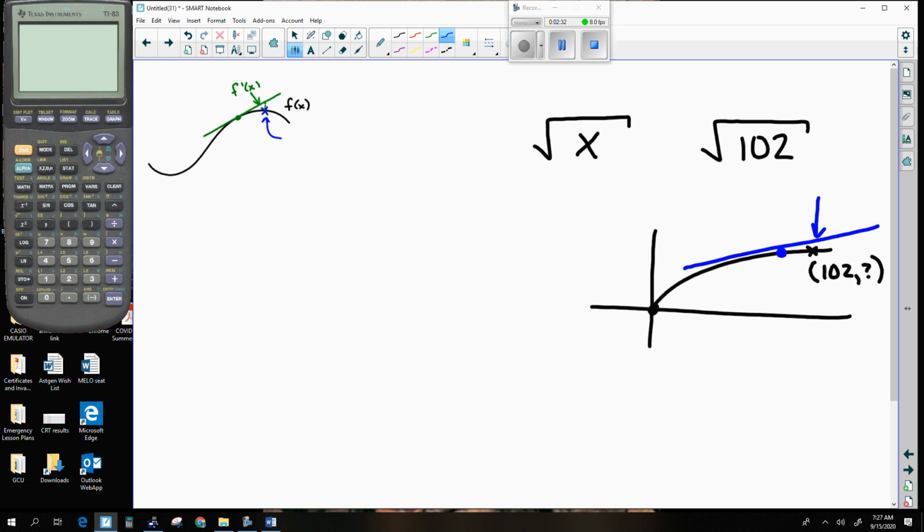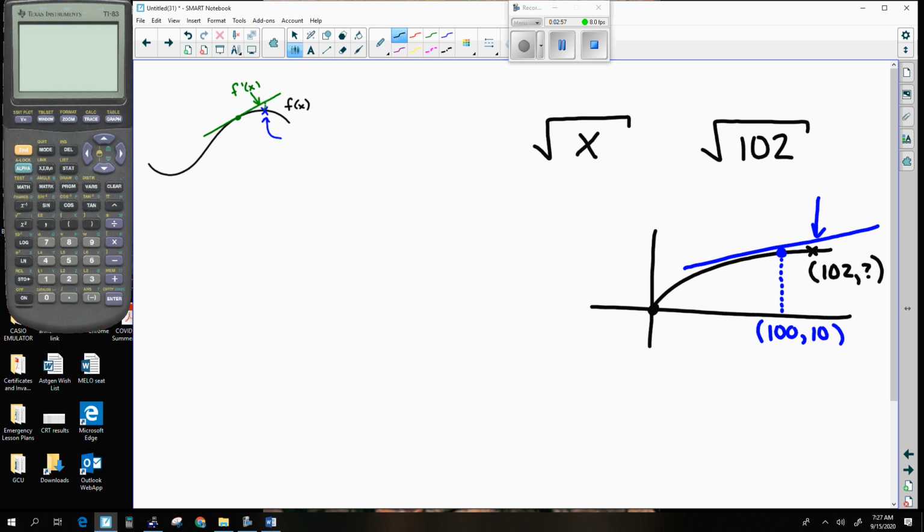I am going to take a tangent point when x is 100, and use that tangent line as my approximation for 102. Here's how the process works.